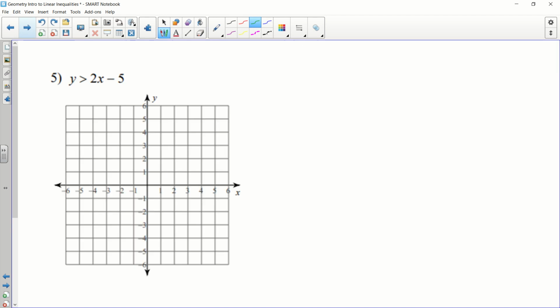So what happens if we have that greater than symbol without the greater than or equal to? The greater than symbol by itself means a dashed line. Again, I'm going to graph it as I would any other: define the 2 points.